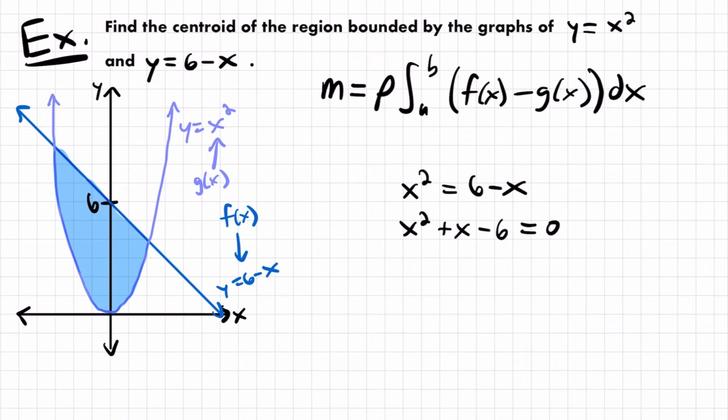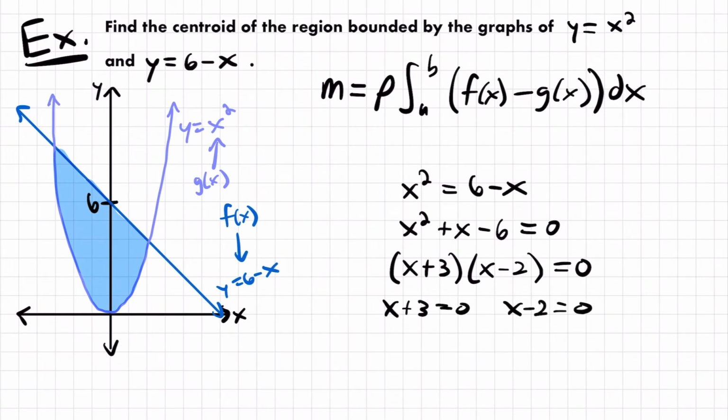And so our factorization will be x plus 3 times x minus 2, and that will be equal to 0. And so we can set each of these factors equal to 0 and find the x values of the intersection points of our two graphs. So we'll have x plus 3 is equal to 0 and x minus 2 is equal to 0, which tells us that x equals negative 3 and x equals positive 2.